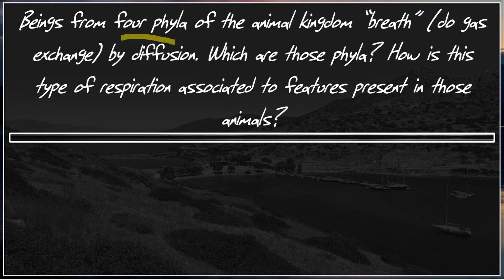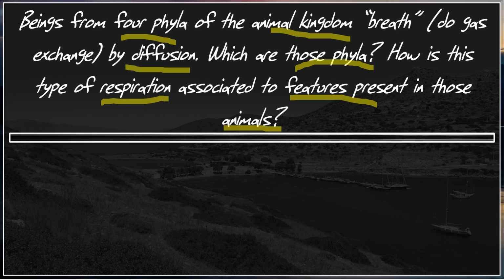Beings from four phyla of the animal kingdom do gas exchange by diffusion. Which are those phyla? How is the type of respiration associated with the features present in these animals?